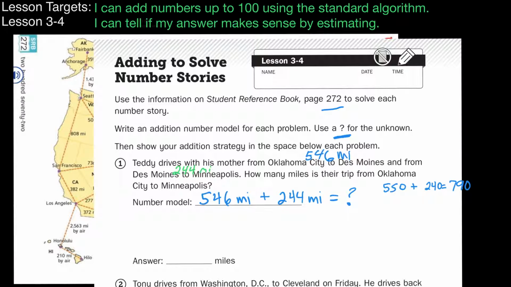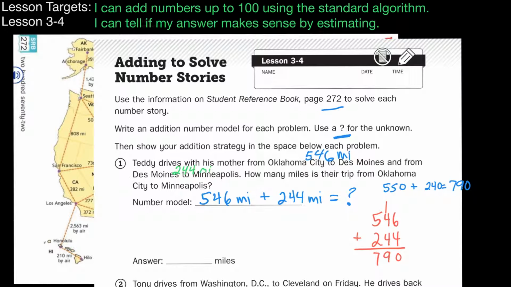Just like we did before, we are going to stack it. So I'm going to stack it, 546 plus 244. And then I'm going to add 6 plus 4 is 10. The 1 goes above. 1 plus 4 is 5. 5 plus 4 is 9. There's nothing to carry because 9 doesn't have any other group. And then 5 plus 2 is 7.